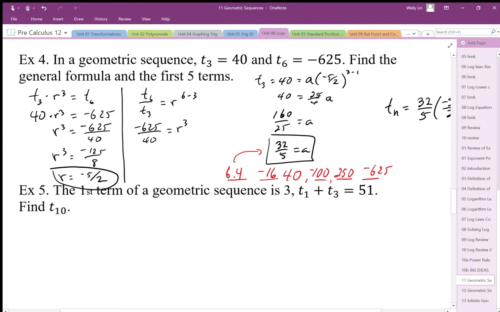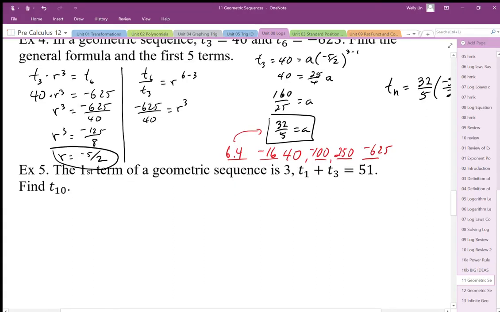We also have formulas that use some algebra to speed up the process. If we have multiple steps in between, I can use this formula: Tn plus A over Tn. The difference in those powers gives us the number of times we use the ratio.